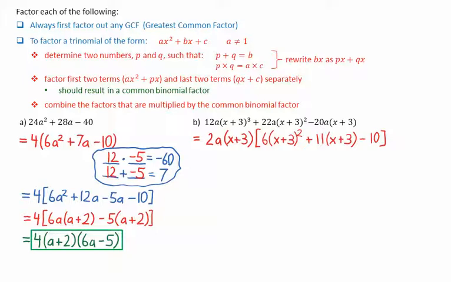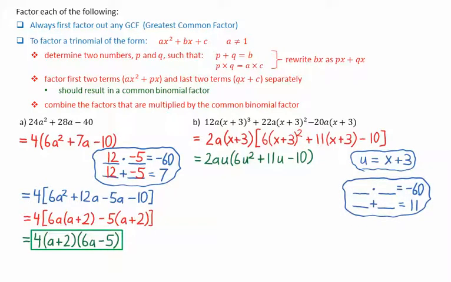Here, relative to the ax squared plus bx plus c, the x has been replaced with x plus 3. I will use a u substitution, u equals x plus 3, to simplify the expression and make it a little bit easier to factor. I then have 2a times u times 6u squared plus 11u minus 10.